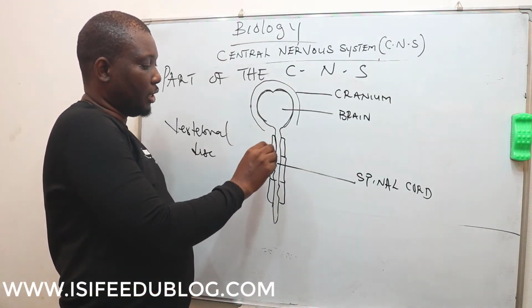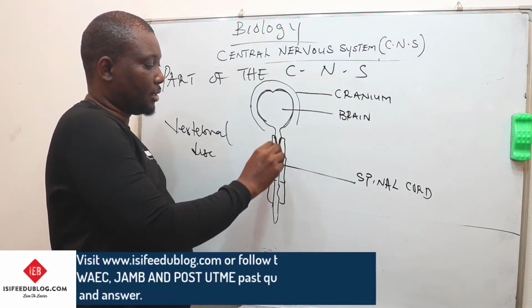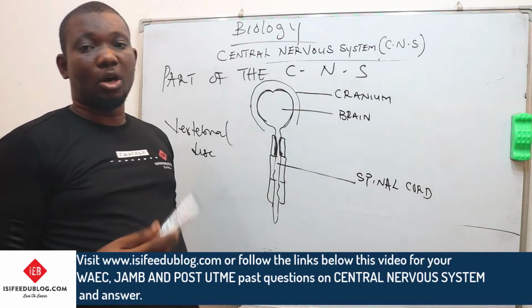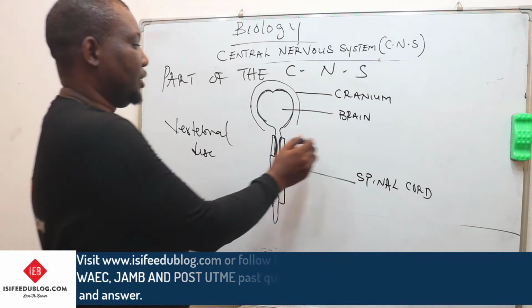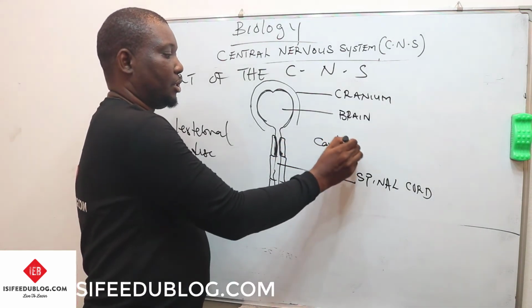On each of these vertebral columns, there is a disc that contains a soft bone known as cartilage.